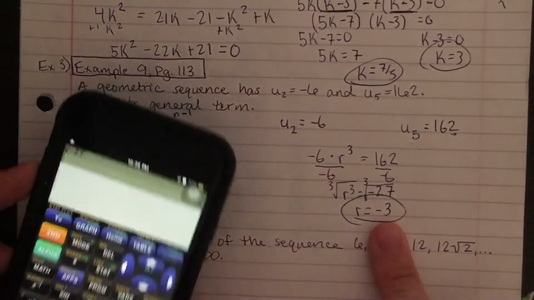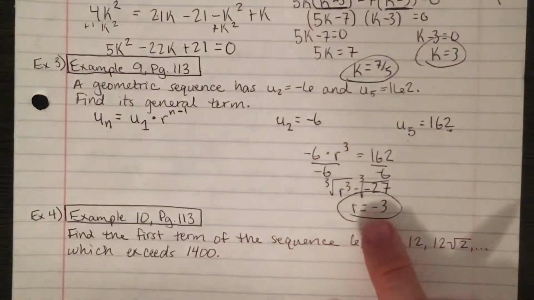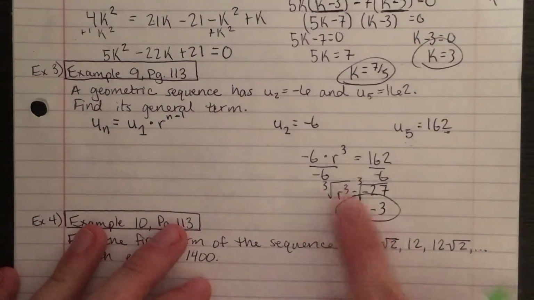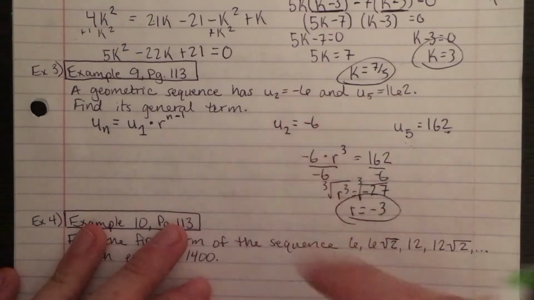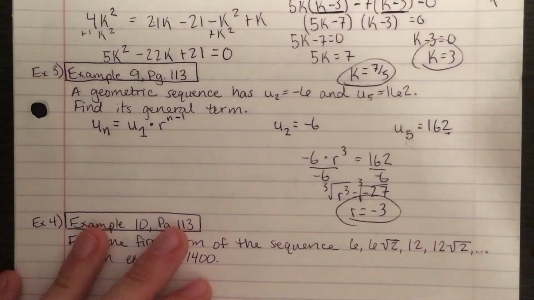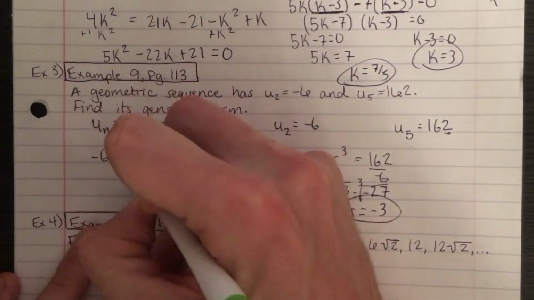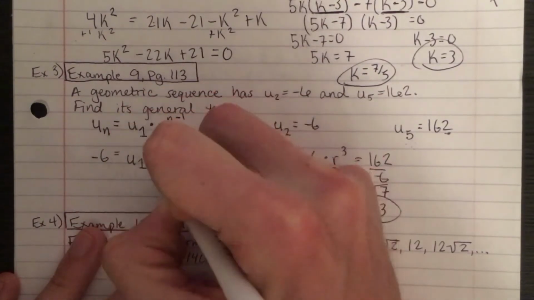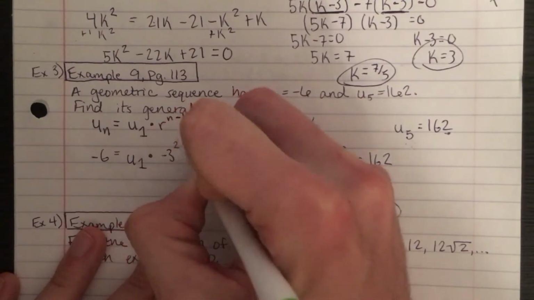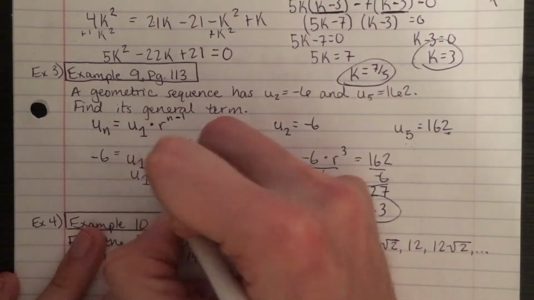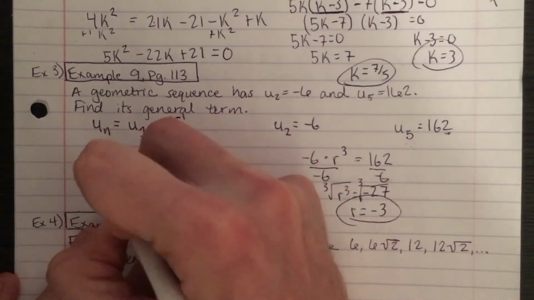So I know that we're multiplying by -3 here, and I know the second term is -6. To put that simply, -6 is the first term times -3 to the 2 minus 1 power. Well, that's just u1 times -3 equals -6.